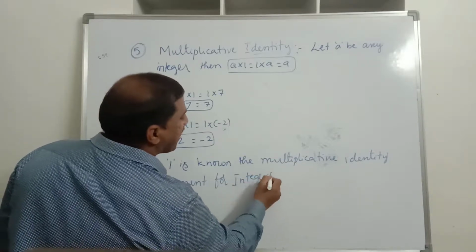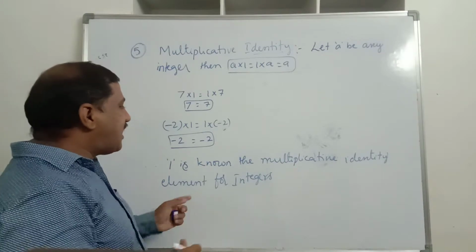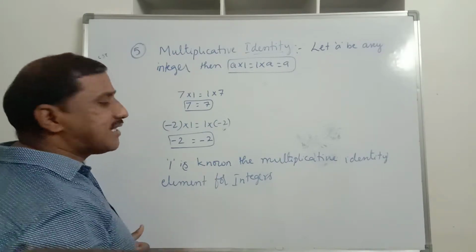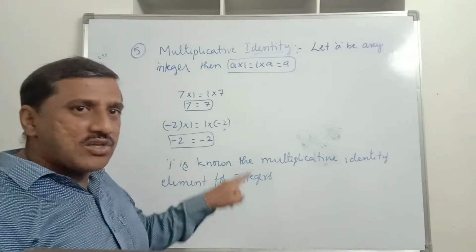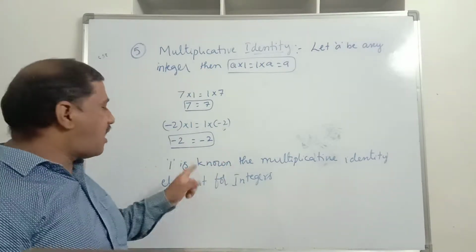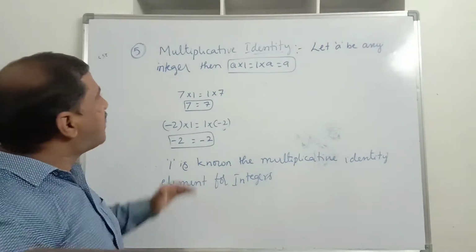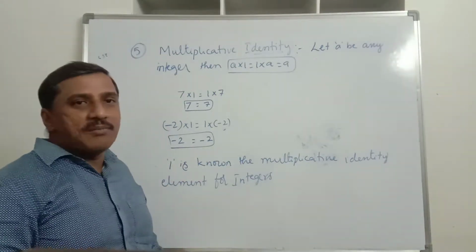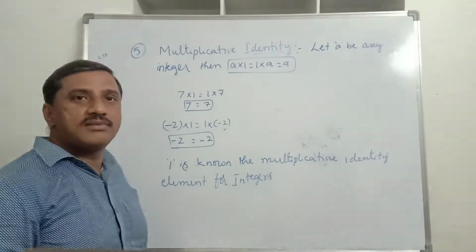Which is the multiplicative identity element for integers? It is 1. Which is the additive identity element for integers? We have discussed in the previous class. It is 0. 0 is known as the additive identity element, and 1 is known as the multiplicative identity element for integers. This property is known as the multiplicative identity property. Is it clear, children?